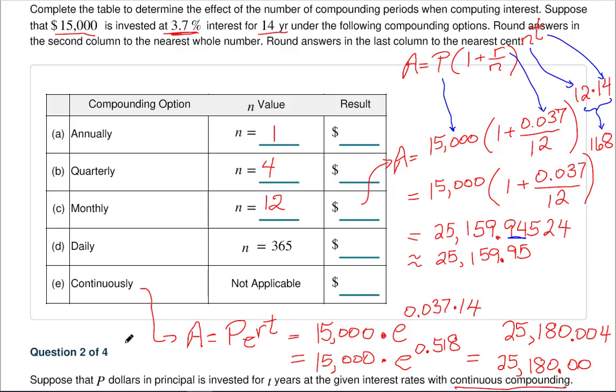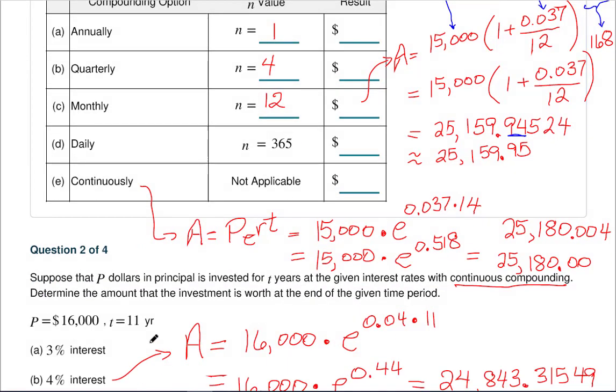What about continuously? All right, so for continuously, we have P multiplied by e to the rt. All right, so fill in P, fill in r, fill in your time. So the first step in this is to do this calculation, and I get 0.518.